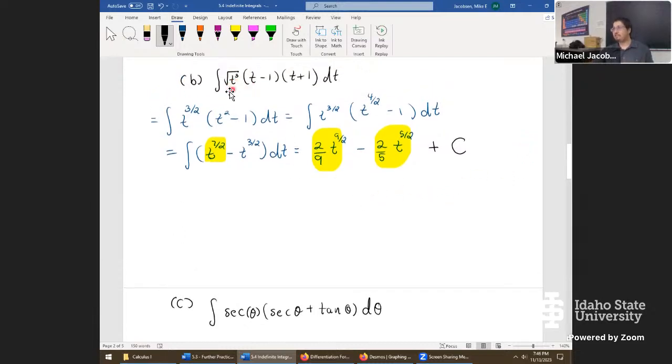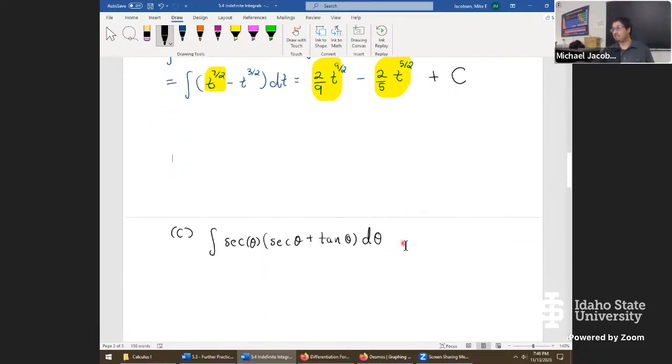Well, just like the problem we did above, I can't integrate part B directly because functions are being multiplied. Down below, it looks even worse. We have trig functions being multiplied, so I would not want to even attempt that until we distribute secant theta through that group and see what happens.